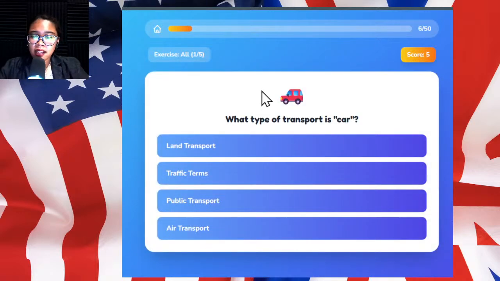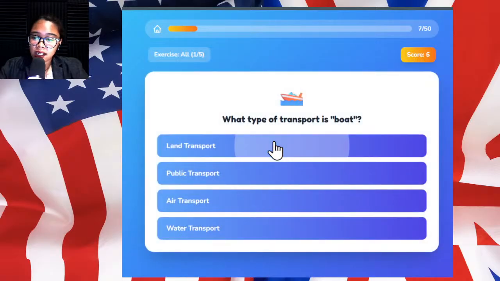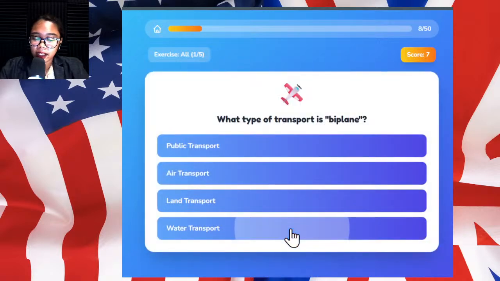Next, what type of transport is car? A car is a four-wheeled vehicle that accommodates a few people for personal riding. As established earlier, that is a land transportation vehicle. How about a boat? We can already see in the picture that it is on top of the water, so it is a water transportation vehicle.